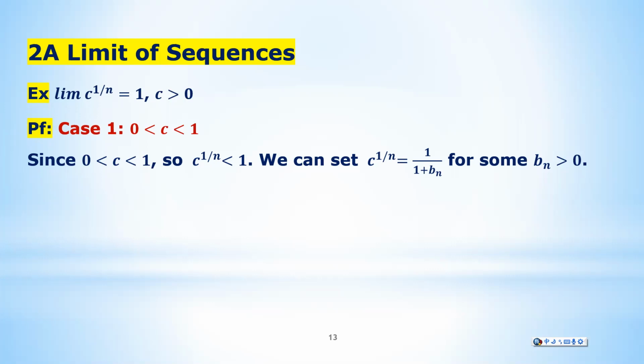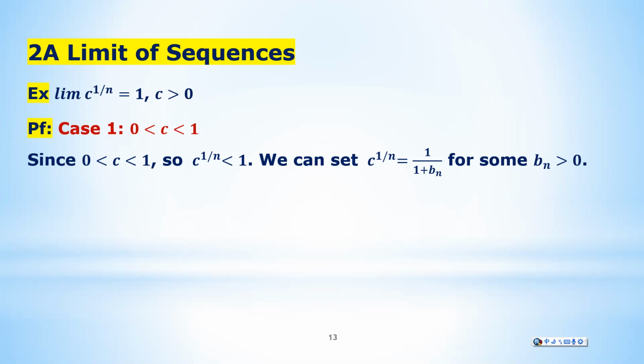This is a setting, just because our sequence is less than 1, so I can re-express it as another sequence bn in this formula. Because 1 over 1 plus bn is always less than 1, this bn is well defined in this case, okay?